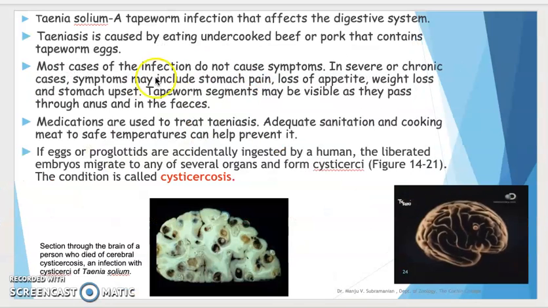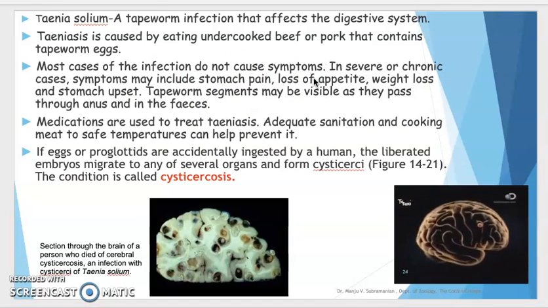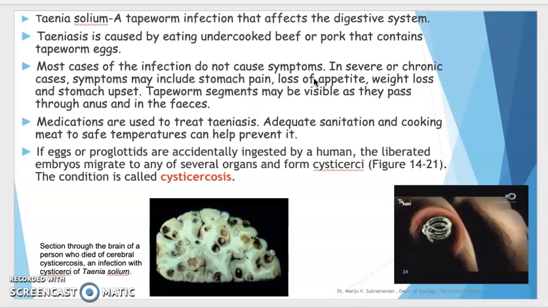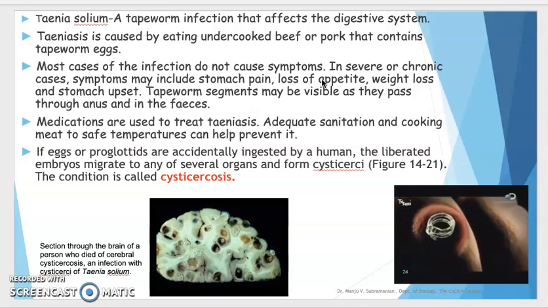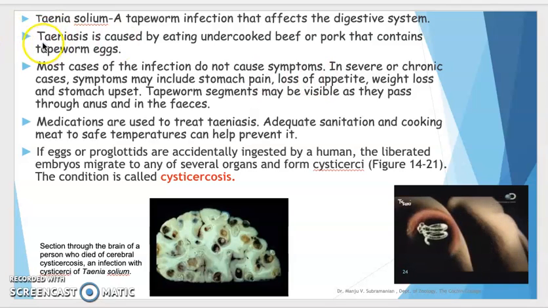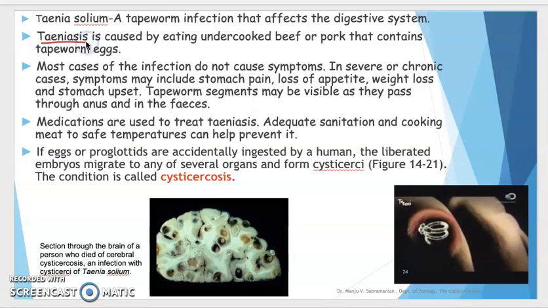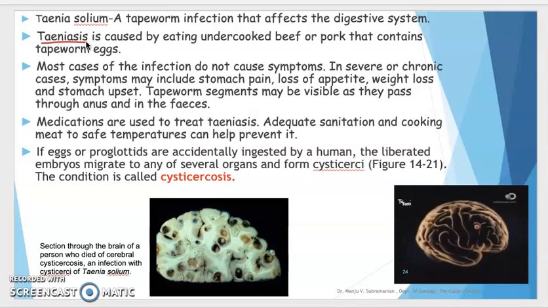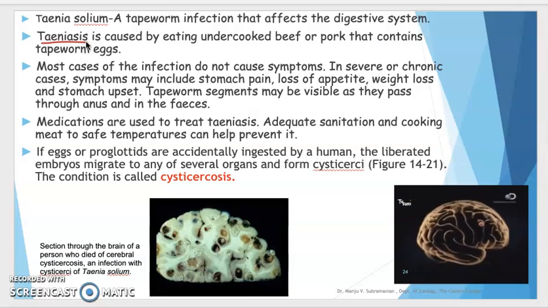Now when we discuss the pathogenic effects, heavy infection with cysticercus and the adult tapeworm is very harmful to human beings. Heavy infection by the adult tapeworm in human beings is called Taeniasis or tapeworm disease, and infection by the cysticercae causes a disease called cysticercosis.